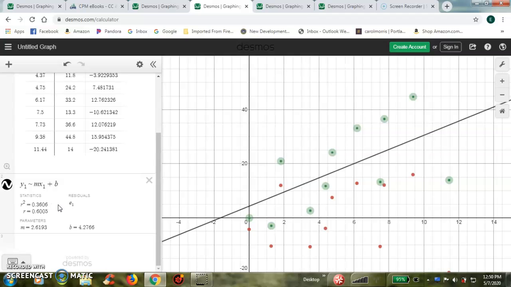I'm just going to say this about R squared. I'm not really going to refer to this much anymore. We're going to do one more lesson from this unit, and it will be on this. But this is 36%. So I would say it like this.